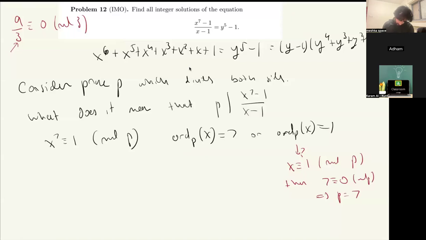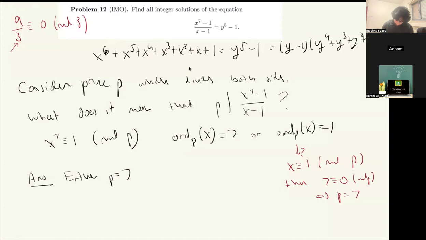Okay, so let's actually write this. What does it mean that p divides this? The answer is, it means that either p equals 7, and we'll worry about p equals 7 in a moment. Actually, what happens in the case p equals 7?